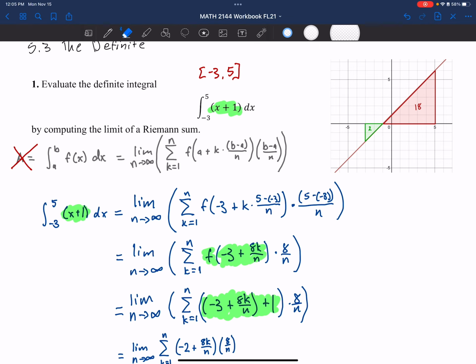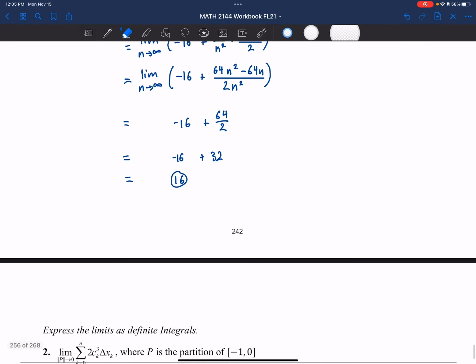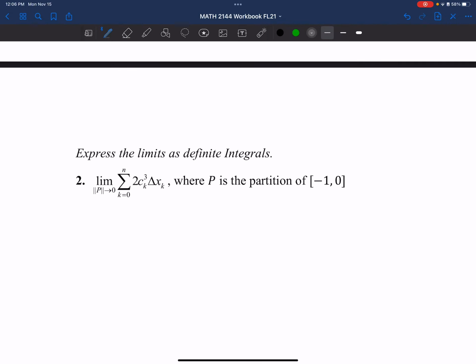All right, so let's make sure we understand how to translate any sort of limit to this definite integral. Maybe just to recap, what we were working with last time is the limit as n goes to infinity, which will help us calculate the definite integral, and the n is basically how many rectangles there are.